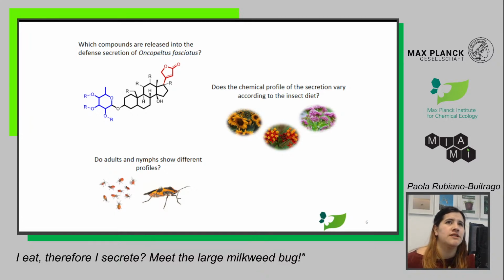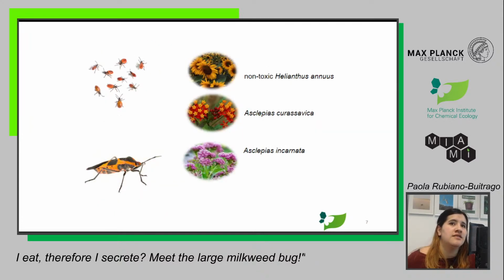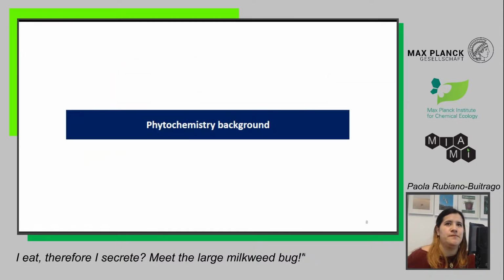So with those questions in mind, I did something pretty straightforward in my lab. I raised this insect on sunflower seeds, which, as you know, have no toxicity, and on two species of Asclepias. This one is found in more tropical areas, this one more in the north, west, and east parts of the United States. But coming back to my title, if they're going to secrete what they are eating, I need to understand their diet.